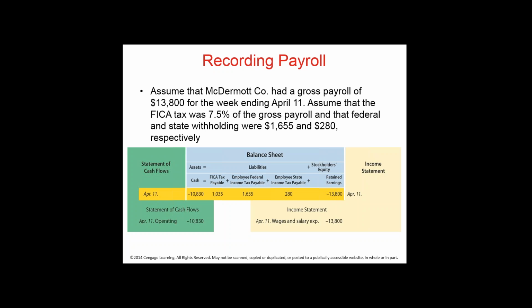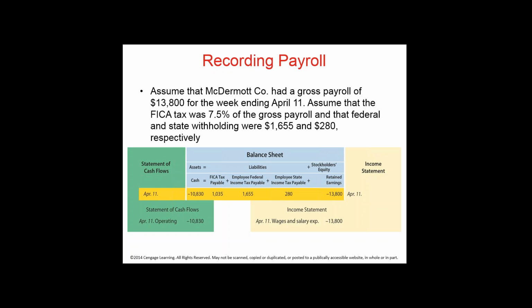Let's look at the information. Assume that FICA, and FICA is Social Security and Medicare, is 7.5% of the gross payroll. And then the amounts for federal and state withholdings are given to us, not a percentage. So we take the $13,800, multiply it by the 7.5% to determine the FICA amount payable, $1,035.